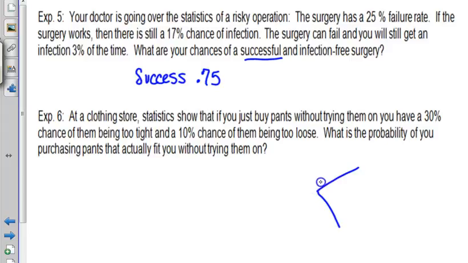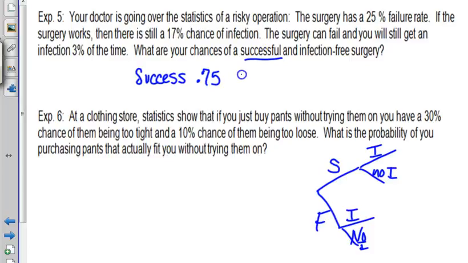So we have the surgery and it succeeds or it fails. If it succeeds, there's still a chance of infection, right? If it fails, you could still get an infection. So success and no infection. If it works, there's a 17% chance of infection.